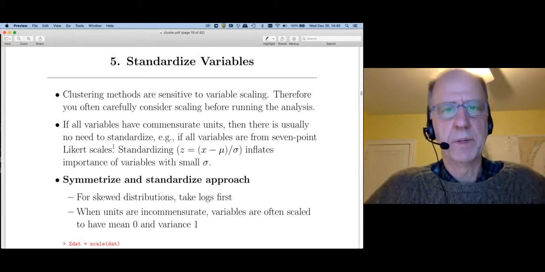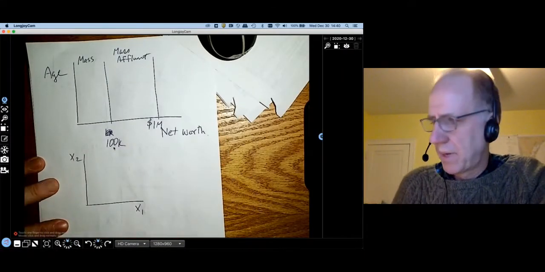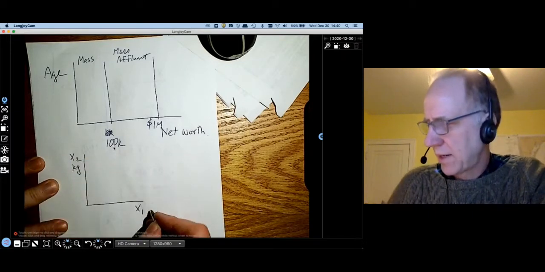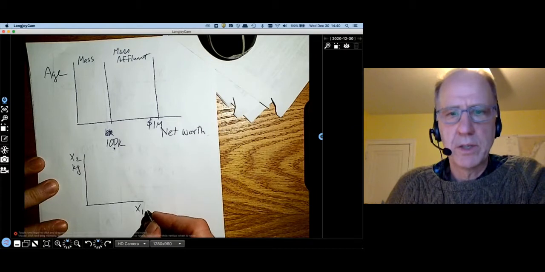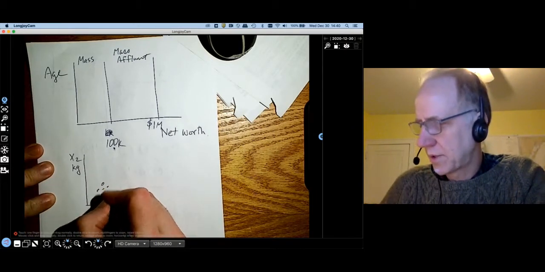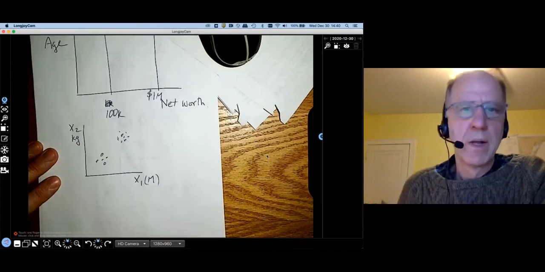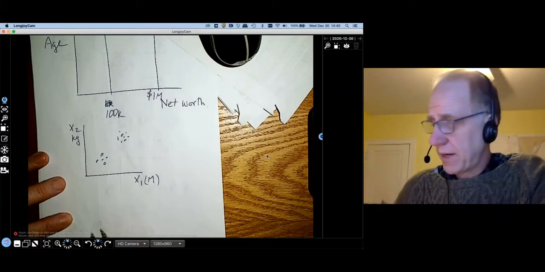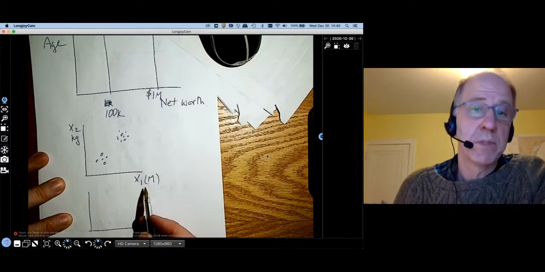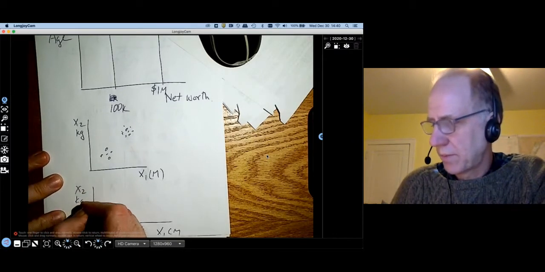As an example, let's say I had x1 and x2, and maybe x1 is measured in kilograms, and x2 is measured in meters. And maybe I have nice round clusters. Now what would happen if I had chosen to express x1, say, in centimeters, and I'm going to keep x2 in kilograms?